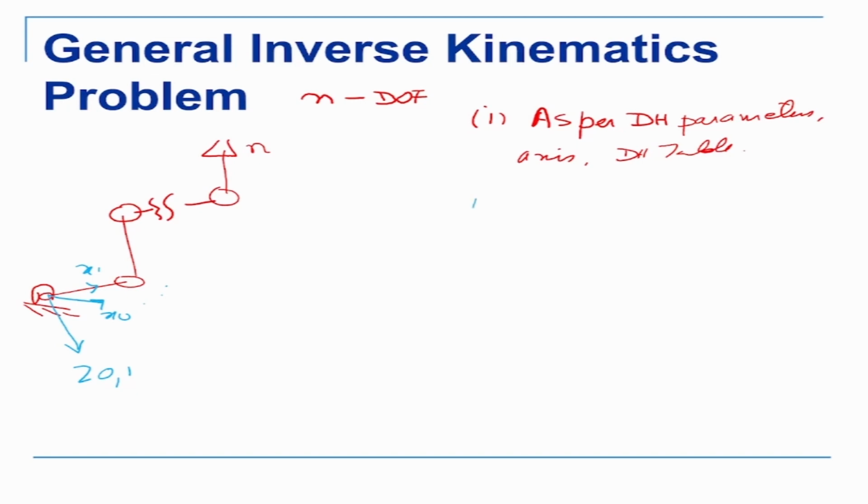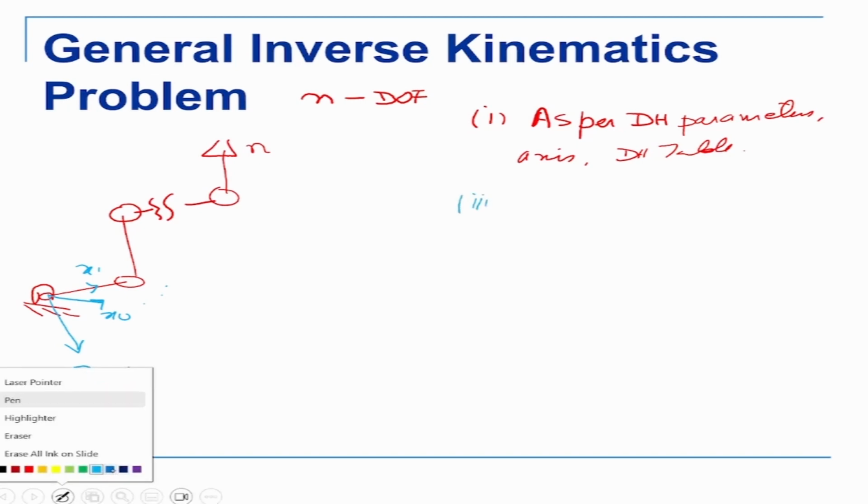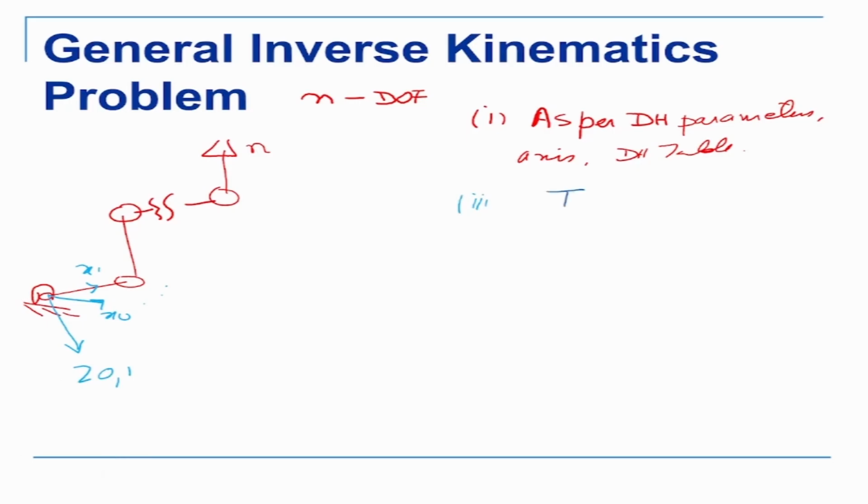After making the DH parameter table, we find the relation between the end effector position and orientation. So we find each of these matrices, T 0 to 1, T 1 to 2, like that up to the last one, n-1 to n. Then we multiply all of them out and we get the matrix T 0 to n.